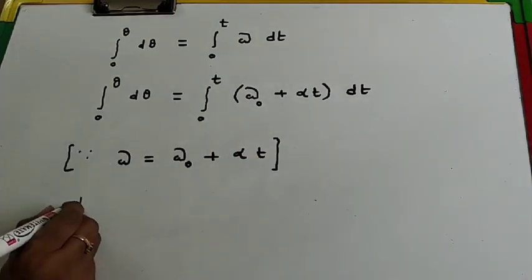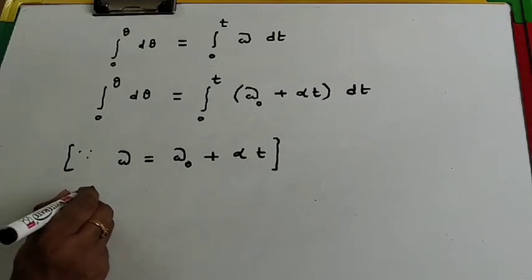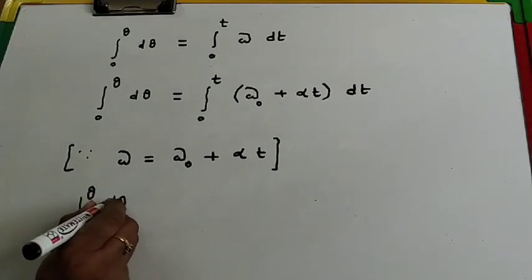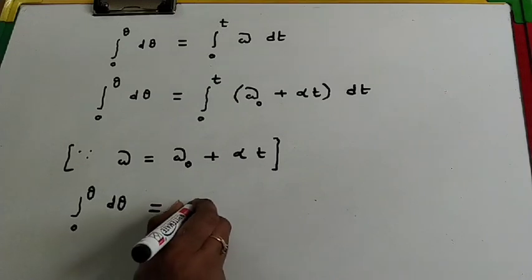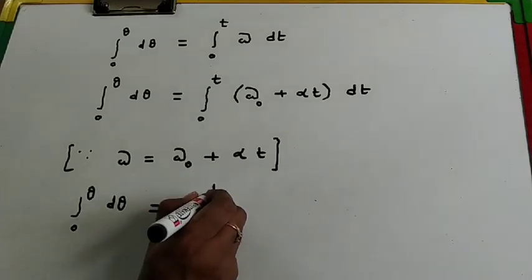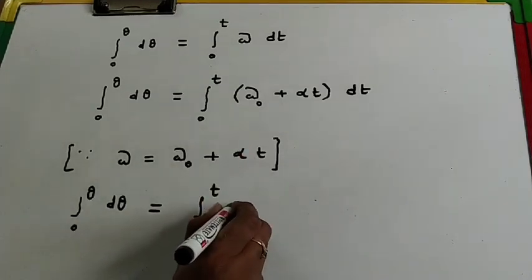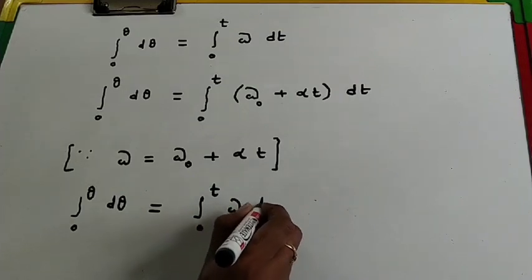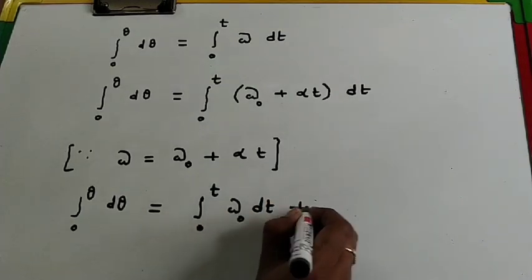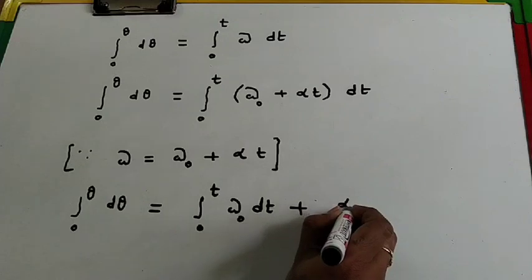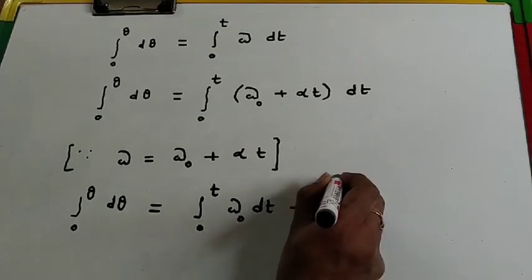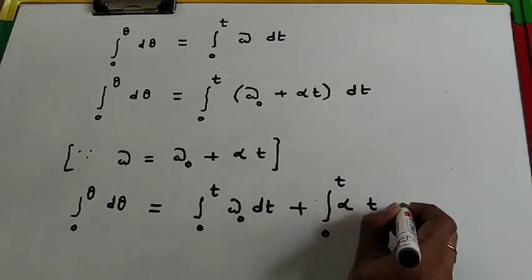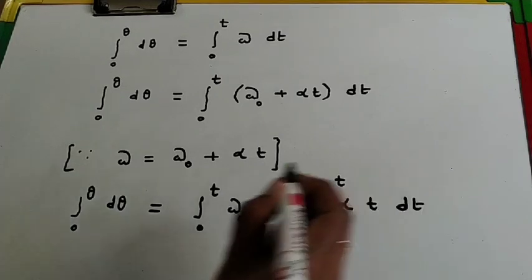Therefore, integral 0 to theta d theta is equal to integral 0 to t omega naught into dt plus alpha integral 0 to t t into dt.